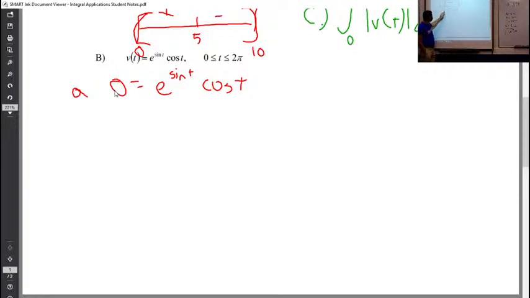Zero equals e to the sine of t times cosine of t. First off, e to the sine of t. E to a power. When is that 0? It's an answer I keep asking and we keep hesitating on it.